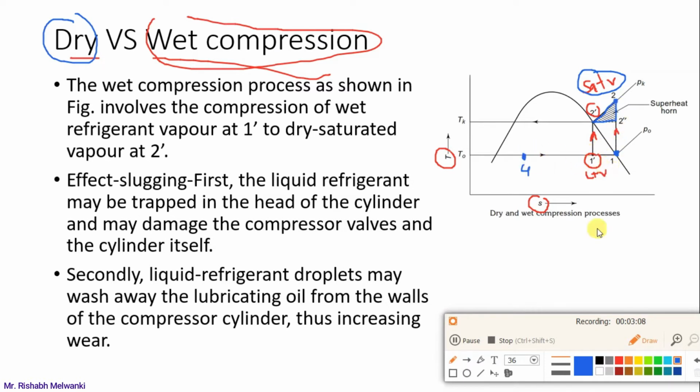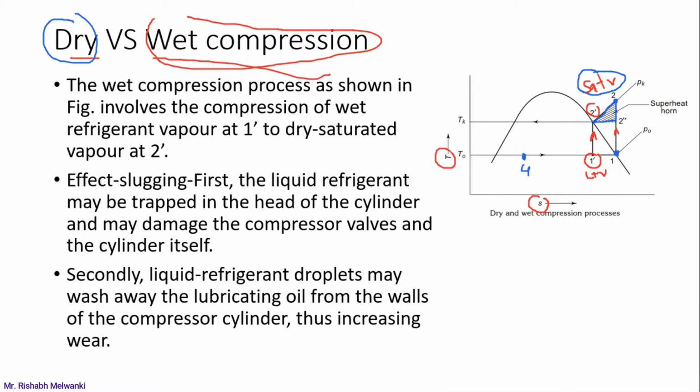Now, why are we studying this wet versus dry compression? First, we have talked about the meaning of dry and wet compression. If point number 1, or you can say 1 dash, is in the wet region, and the point after compression is on the saturated vapor curve, that is called wet compression.